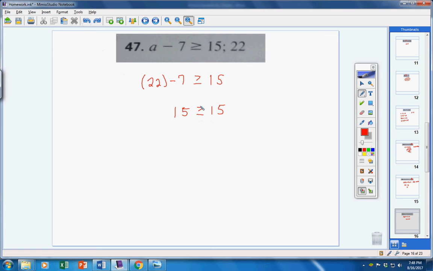Yes, that's true. If this was missing and it just said 15 is greater than 15, that would be false. But it says 15 is greater than or equal to 15. That's true. 15 is equal to 15, so 22 is a solution.